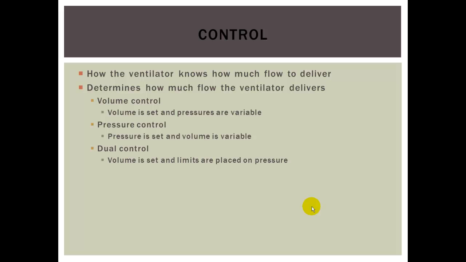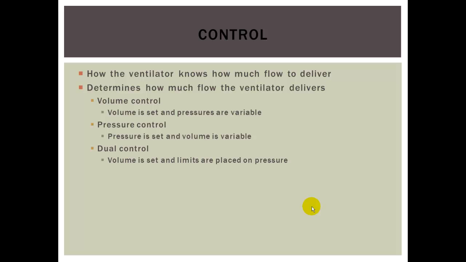Control types of ventilators. Whenever we're looking at control, these are terms that are going to be associated with ventilatory settings. Control is how the ventilator knows how much airflow to deliver to your patient. These are kind of the modes of operation, and there are 3 different types when we're talking about various types of control in ventilator models.